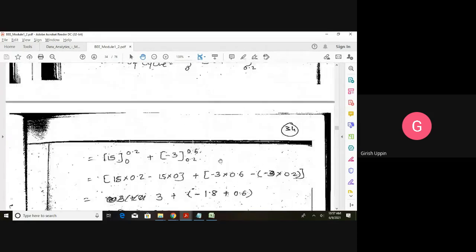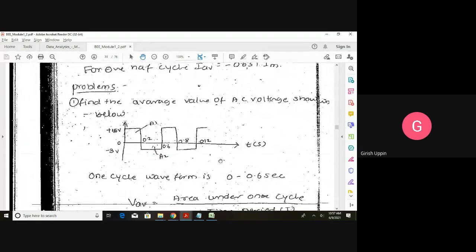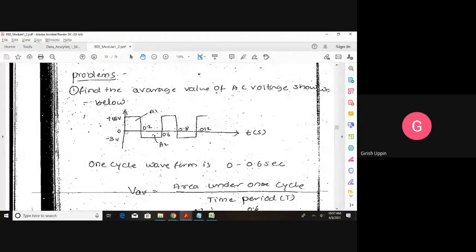So this particular waveform is equivalent to a DC of 3 volts. Let us say instead of having this waveform, if I had a direct current, that would be represented as 3 volts.